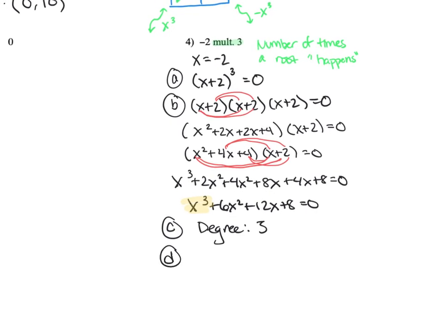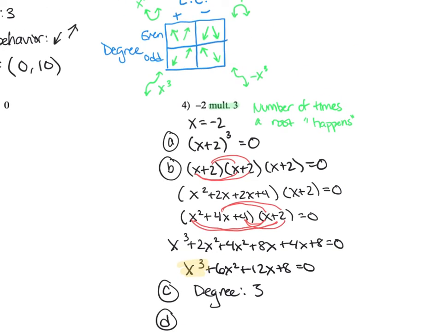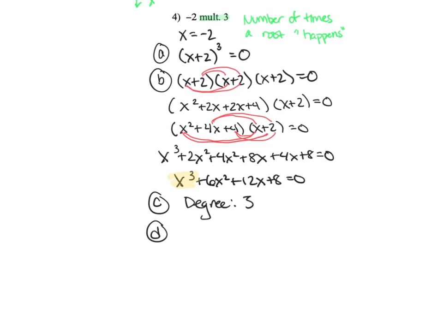For my end behavior, I see that we have 3, which is odd, and a positive 1 out here. If I look at my little box up here, we have an odd degree and a positive leading coefficient. So I have the right side going up and the left side going down. I'm just going to write that down for my end behavior. Right side's going up, left side's going down.